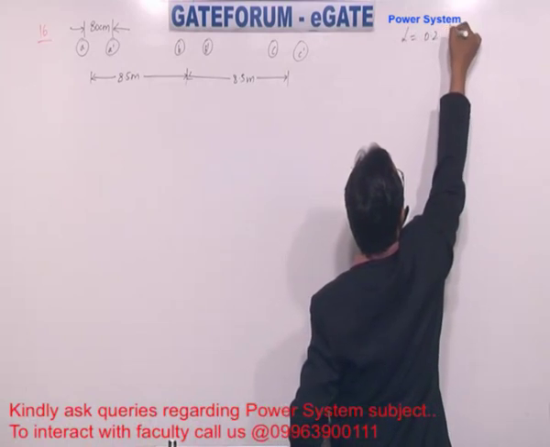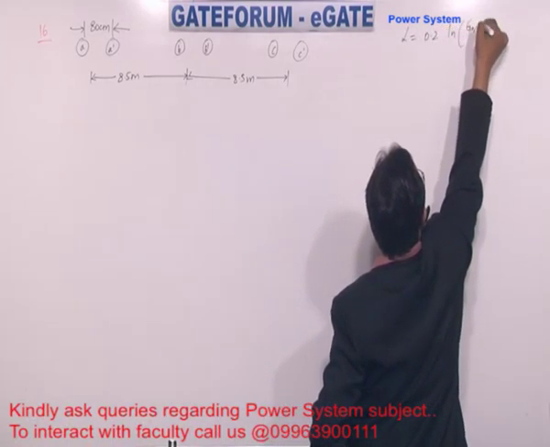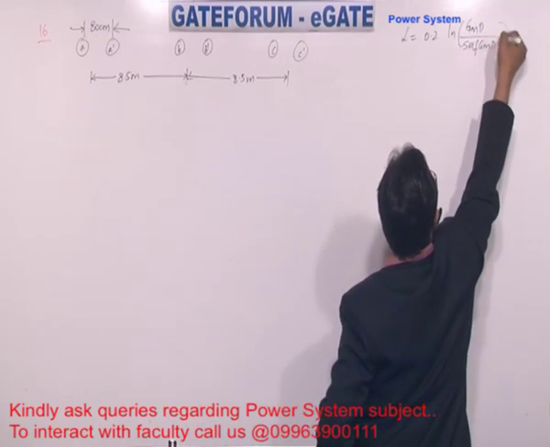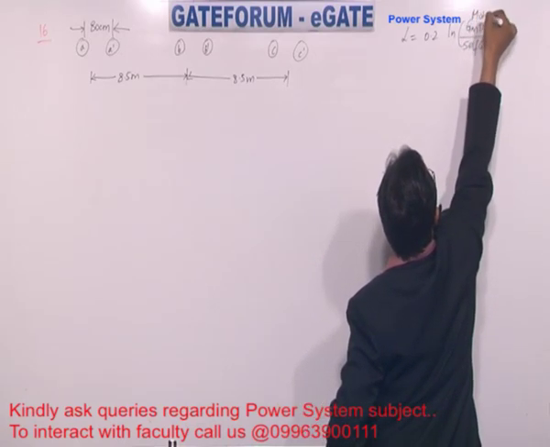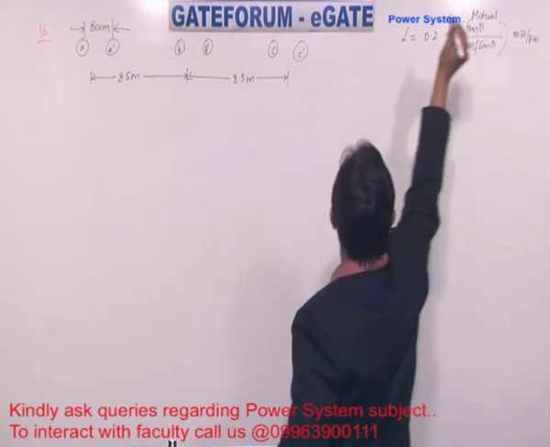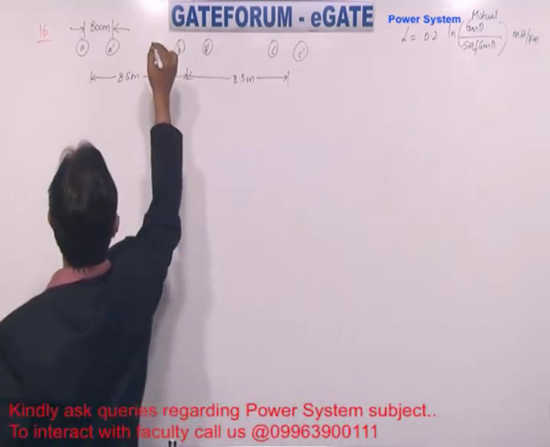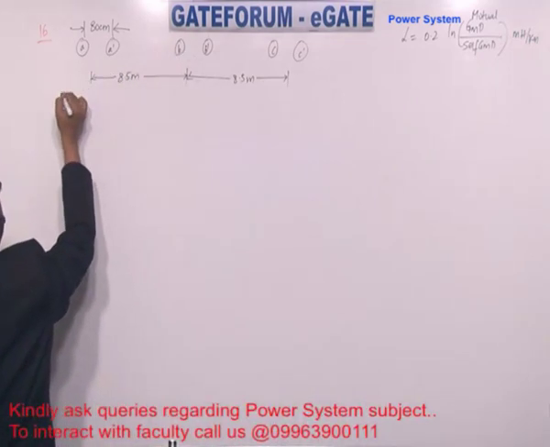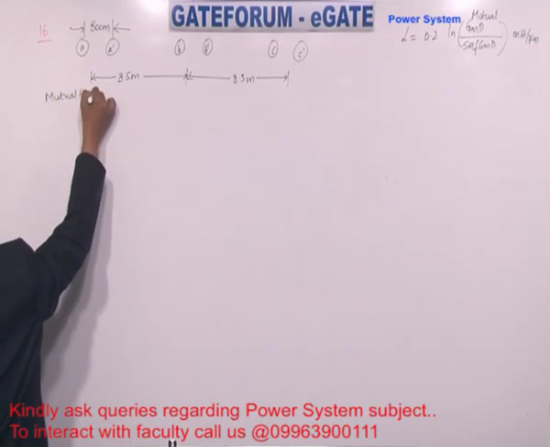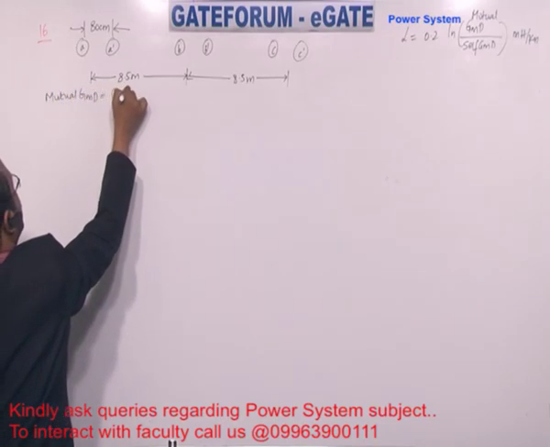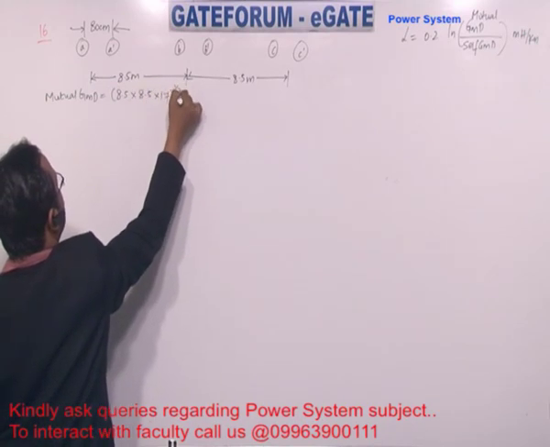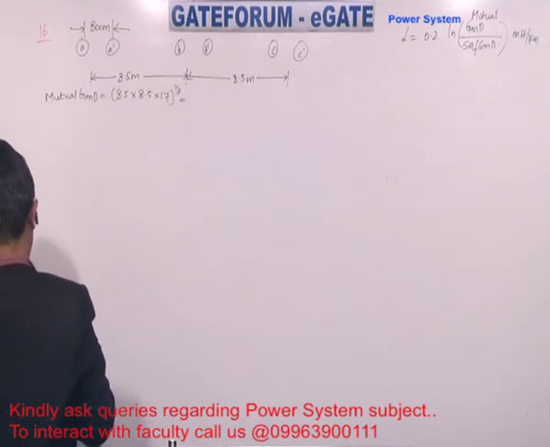0.2 natural logarithm of GMD by bundled, you write self GMD, but numerator is mutual GMD, millihenries per kilometer. So what is self GMD, mutual GMD here? 8.5, 8.5, 17, apply cube root.